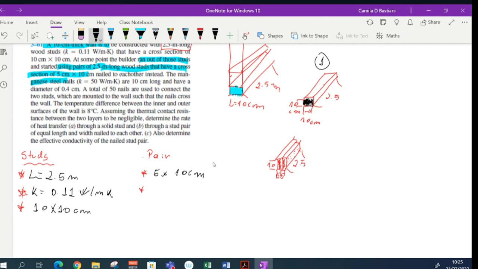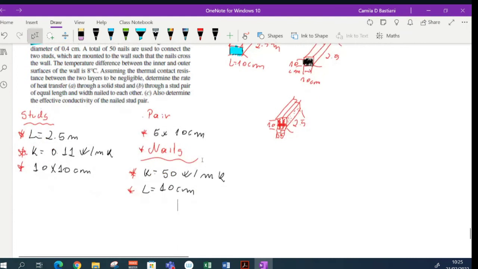These magnesium steel nails have a K, a conductivity of 50 watts per meter Kelvin. And the nails are 10 centimeters long, so they just go across exactly my 10 centimeter stud. So my L of the nails is 10 centimeters.